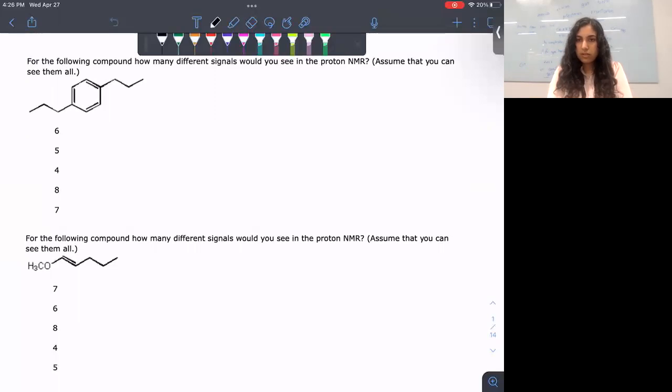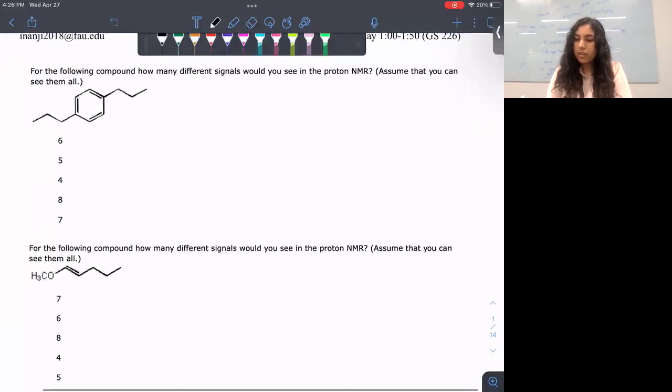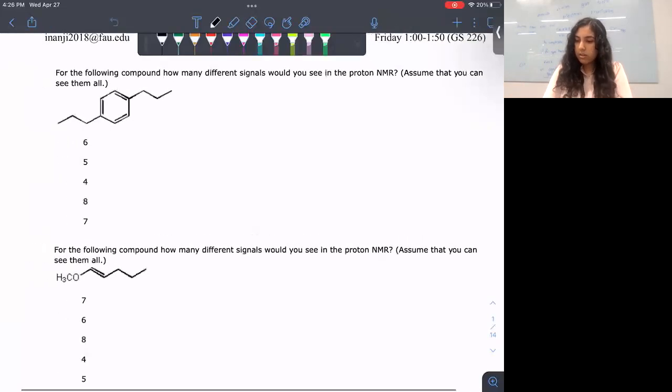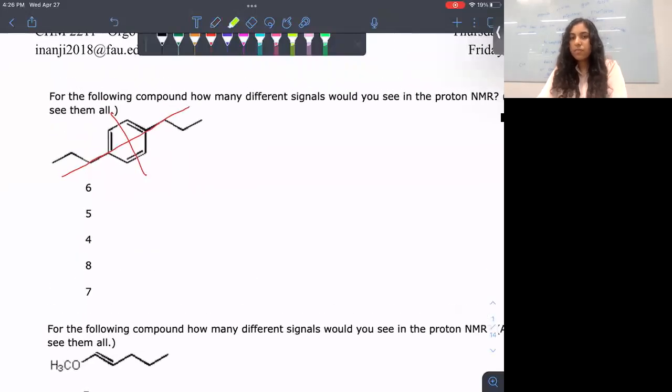I got a couple answers saying 4 for the first one, and yes, there are 4. For this, we can cut this molecule in half both ways. We can cut it this way and then also vertically. There's symmetry on both axes. So now we only need to find the number of signals for one quadrant.